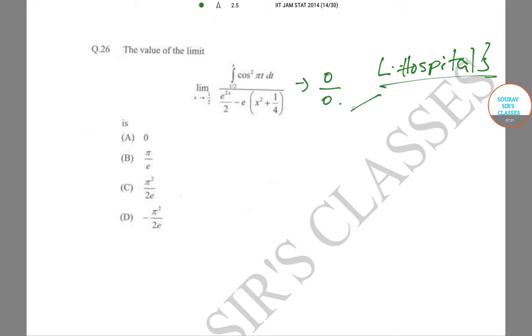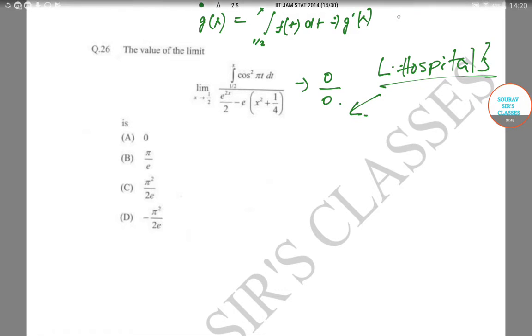So L'Hospital's rule applied once gives us, before that, if the integral of f t dt from half to x is g x, then g prime x is equal to f x minus f half.